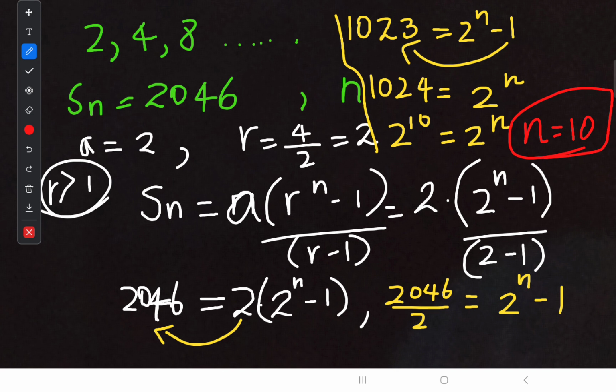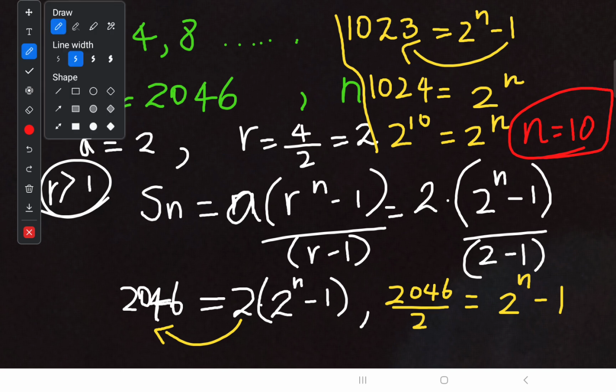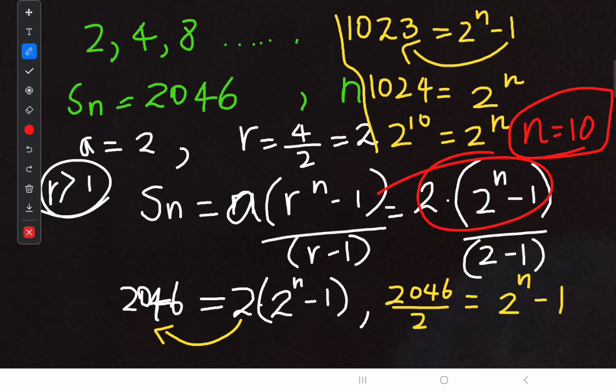n equals 10. How did I find this? First I found a and r, then since r is greater than 1, I selected the correct formula, a into r to the power n minus 1 upon r minus 1. I substituted the values: 2046 equals 2 into 2 to the power n minus 1 upon 2 minus 1.